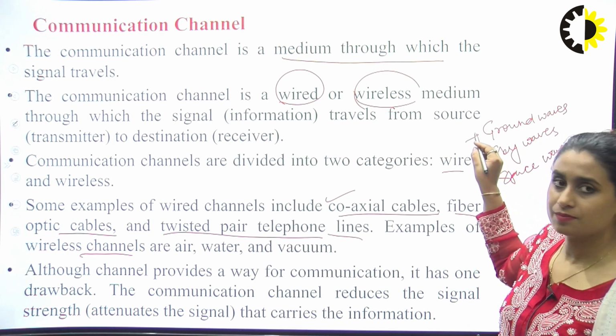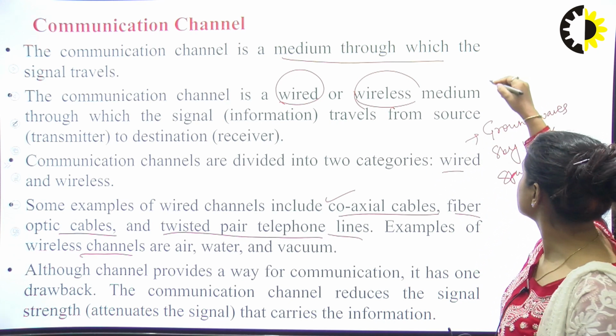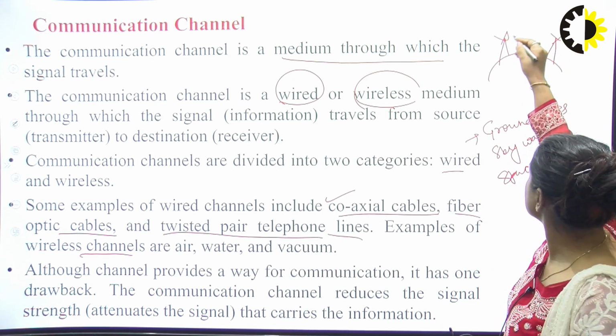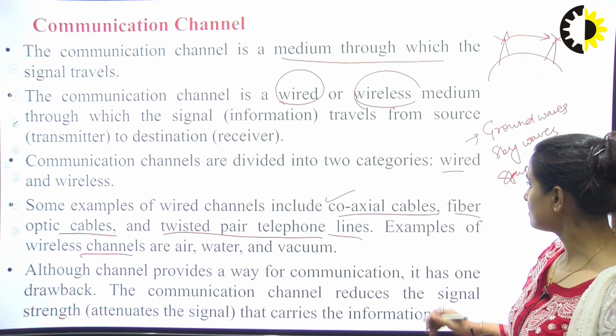Ground waves are in the kilohertz range, up to 10 kilohertz. Your signal propagates along the curvature of the Earth, line of sight. This is line of sight communication, right?